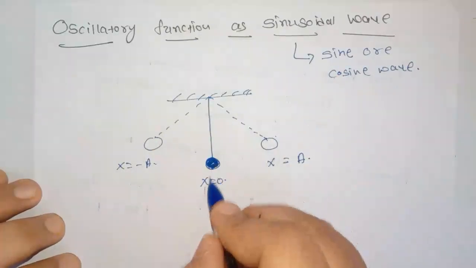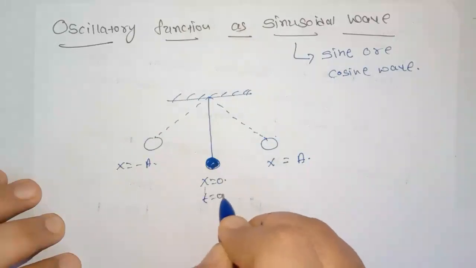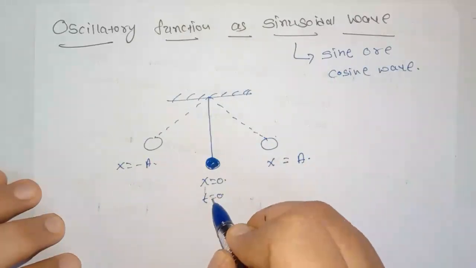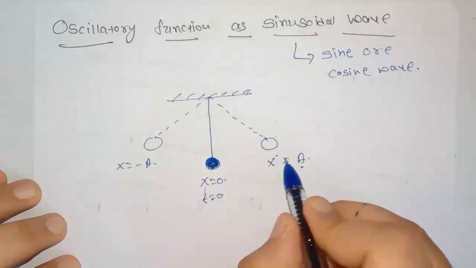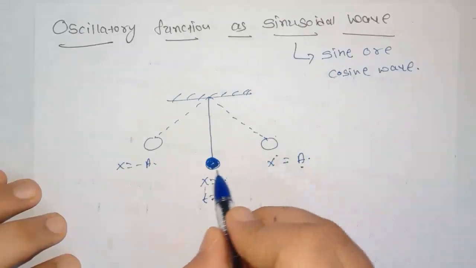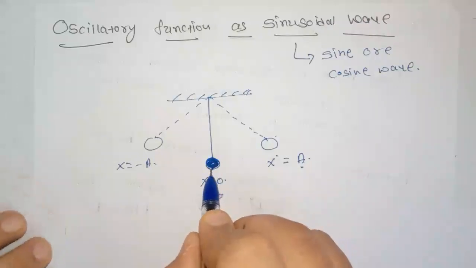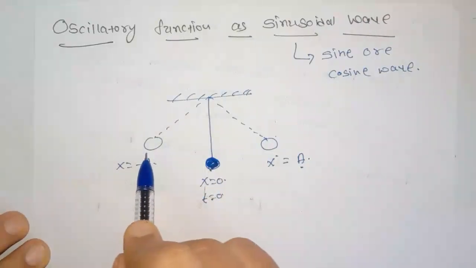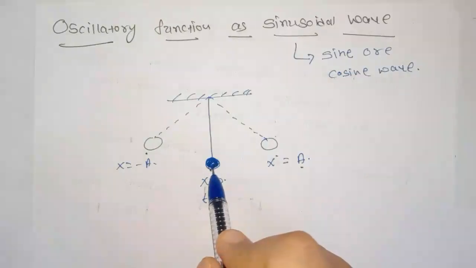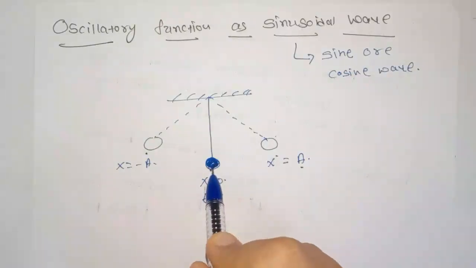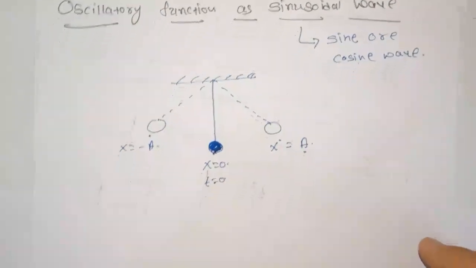Now at t is equal to 0, it will be at this point. After some time it will be at point x is equal to a. Then from this it will again pass the mean position, move towards the x is equal to minus a position, and again it will move to the mean position. This whole journey is considered to be one oscillation.